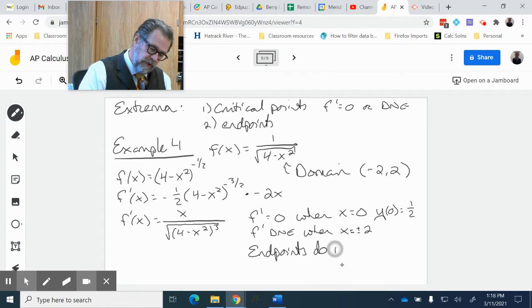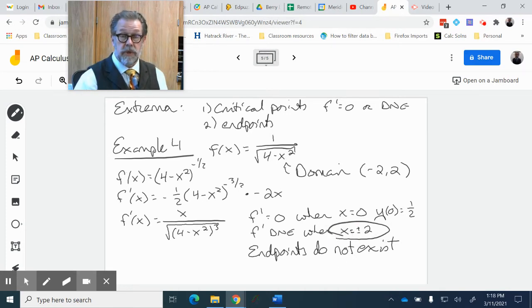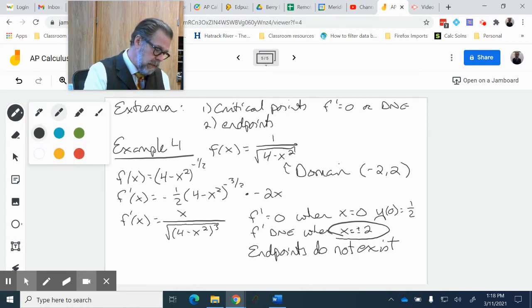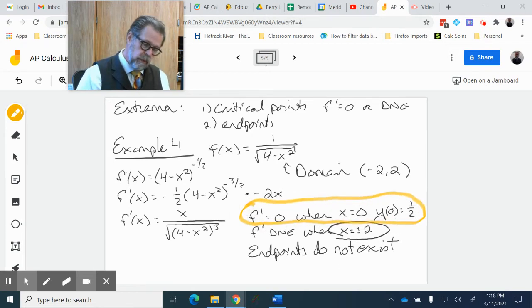The derivative does not exist at numbers that are not in the domain of the function. So the only minima or maxima would have to be right there at x equals 0.